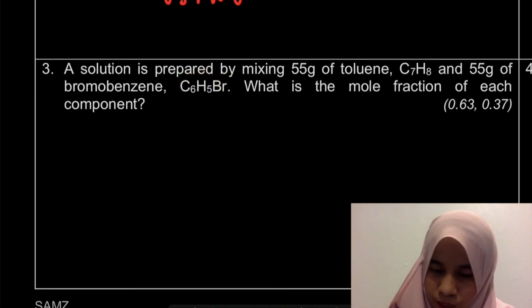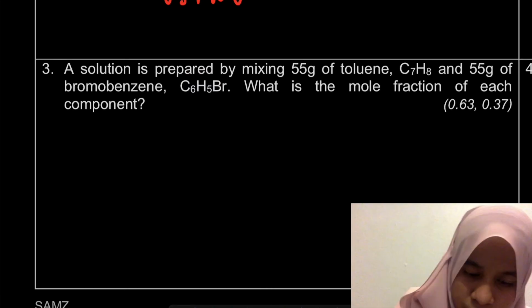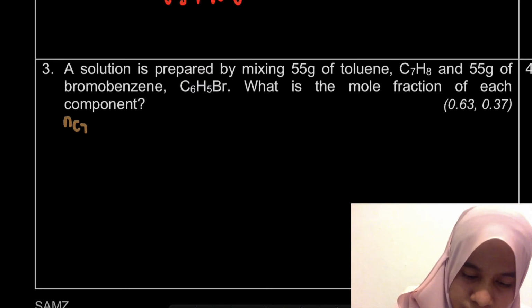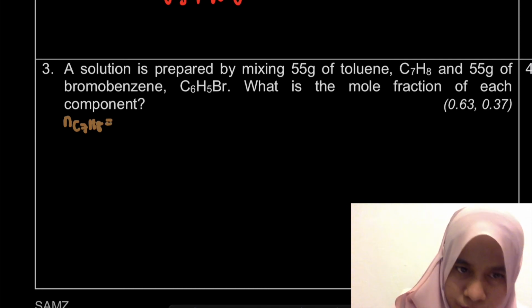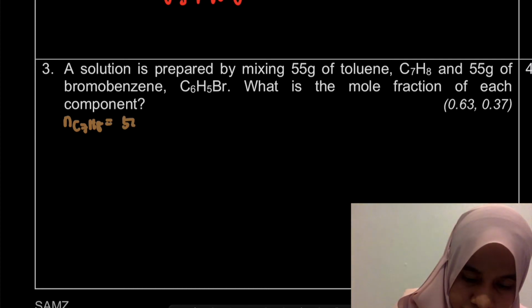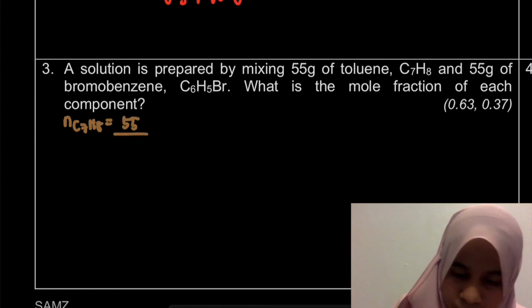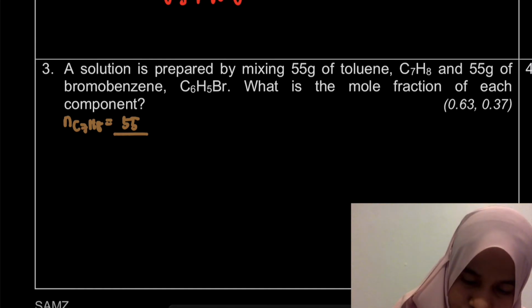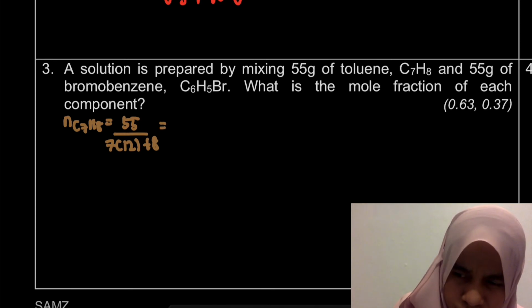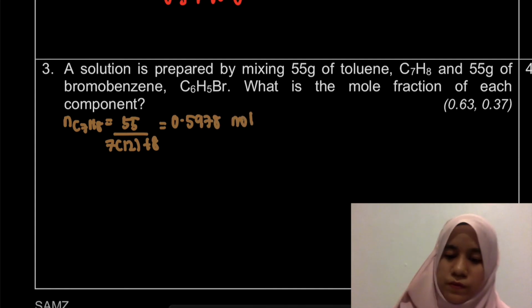So let's find out. So mass. So kalau number of mole of C7H8, it is 55 gram divided by, okay, so C7H8. Carbon is 12, hydrogen is 8. So the value is 0.5978 mole.